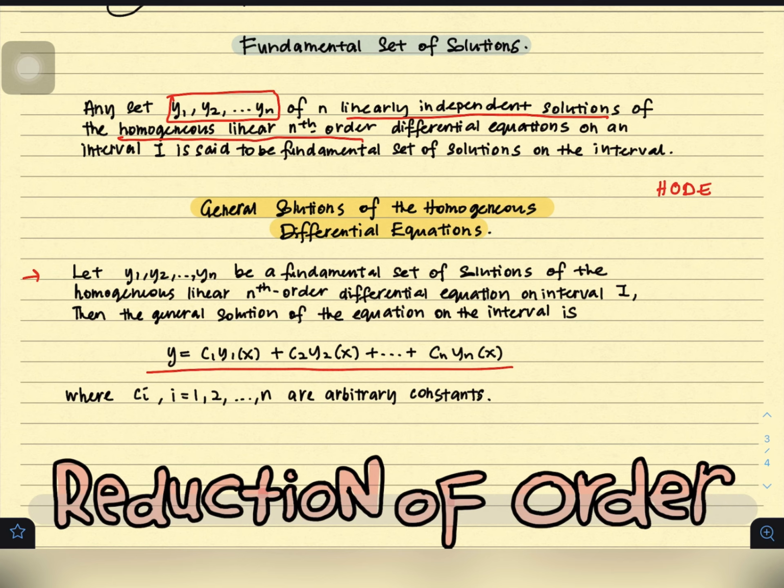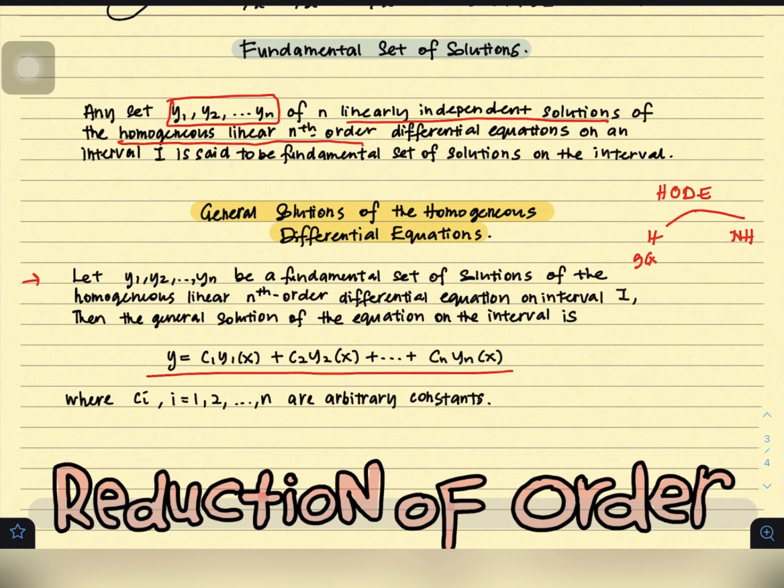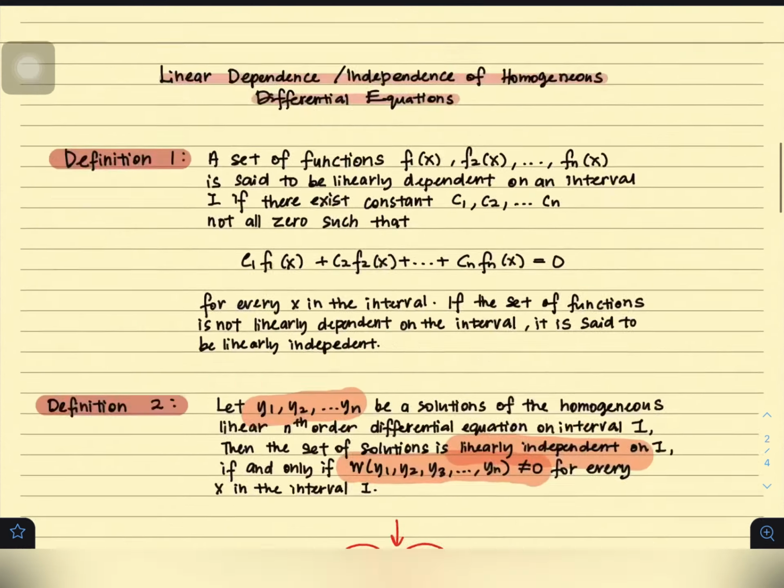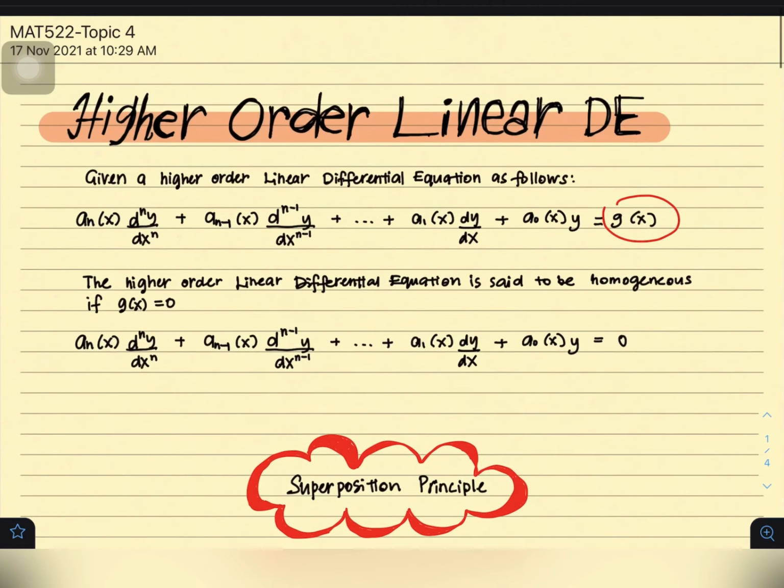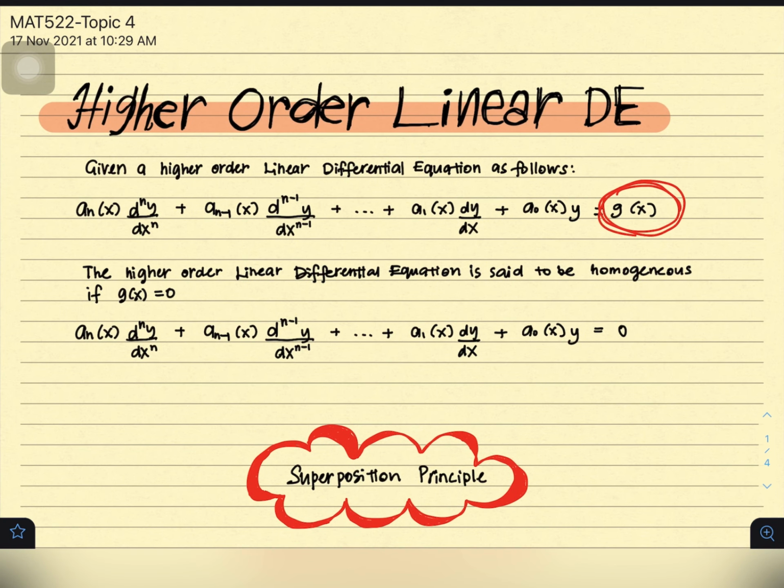Higher order differential equation ada 2 jenis, sama ada dia homogeneous atau dia non-homogeneous. Macam mana nak tentukan dia homogeneous ataupun non-homogeneous? Kalau homogeneous g(x) equal to 0, kalau non-homogeneous g(x) is not equal to 0. g(x) tu dekat mana? g(x) tu dekat sebelah kanan awak punya differential equation ni.